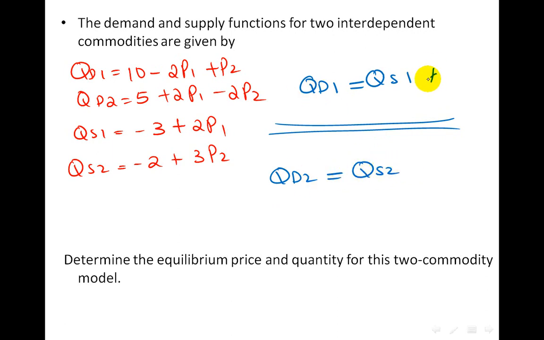So these are going to be my key points to start solving this question and determining the equilibrium price and quantity. I will start by making QD1 equal QS1, which means I'm going to eliminate them. Then I'm going to go to D2 and S2, again by eliminating.